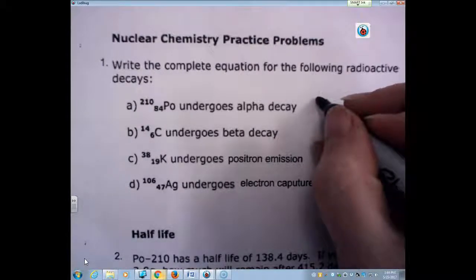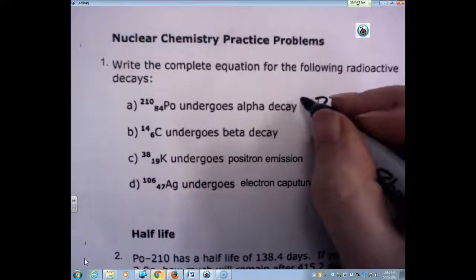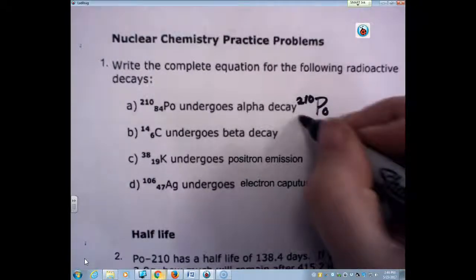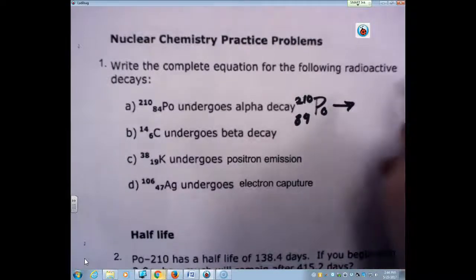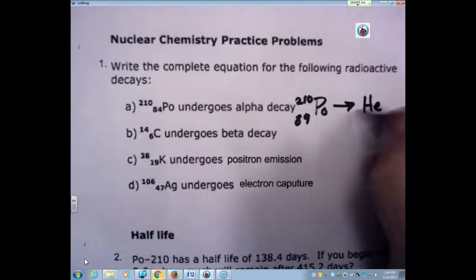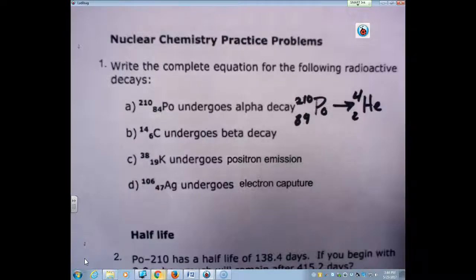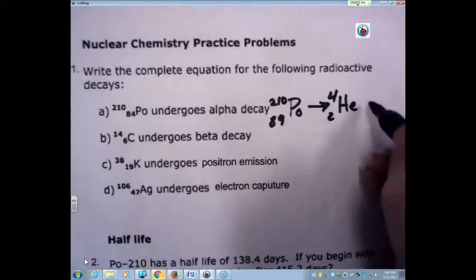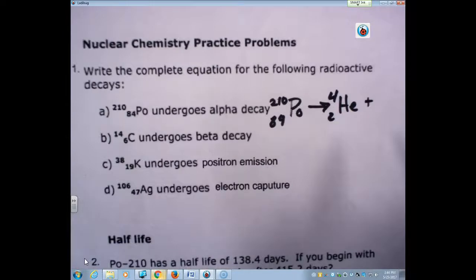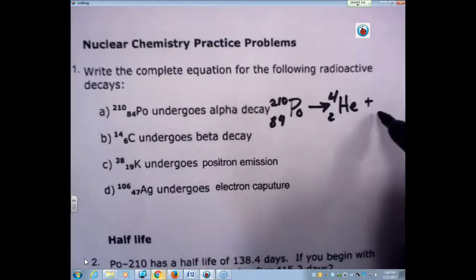So we have a sample of polonium-210, 84. And this unstable nucleus is going to give off an alpha particle. Alpha particles are represented by a helium atom because it's 2 protons and 2 neutrons. And then what polonium is going to transmute into, we look at that bottom number first.